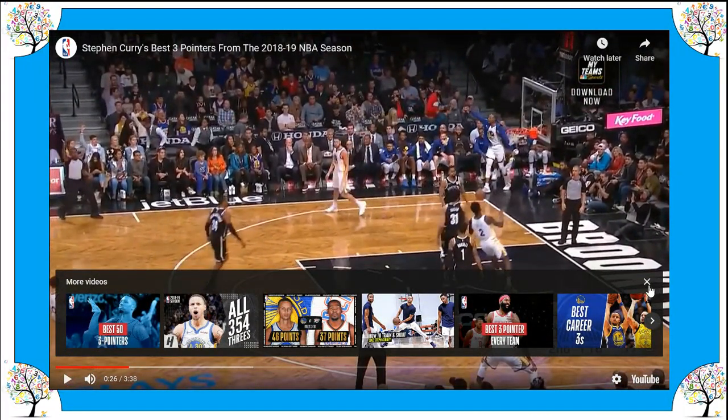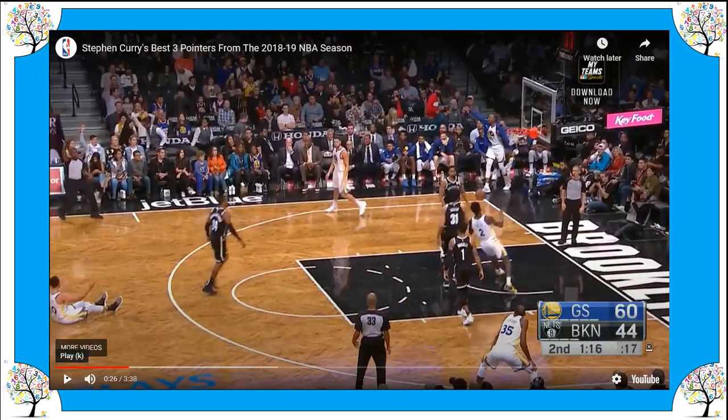Notice the shape as the player is launching the basketball.